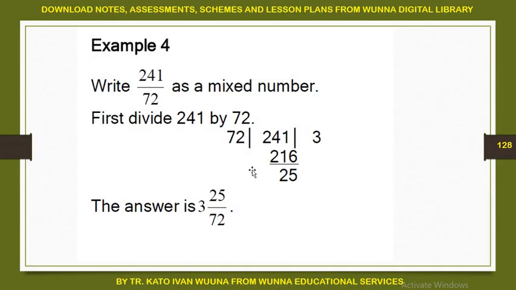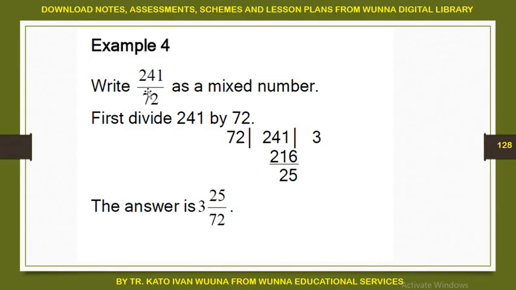I'm repeating this. We are saying that for us to change this fraction into a mixed one, we shall multiply 72 by counting numbers starting from 1, 2, 3, 4, and so on, until we get a multiple of 72, or a number that is near our numerator.